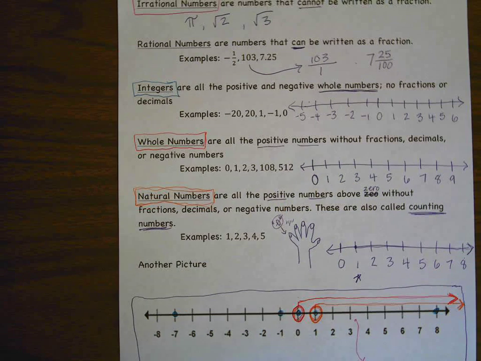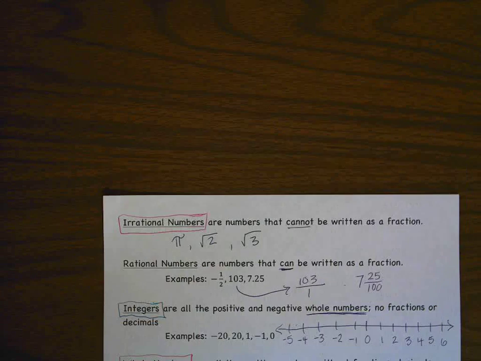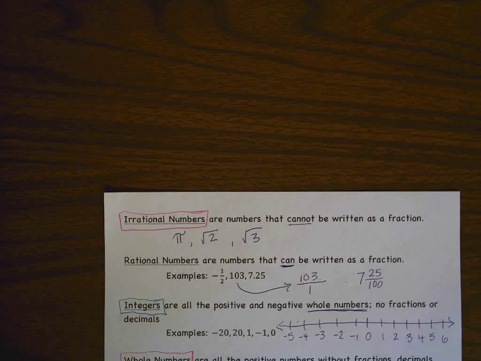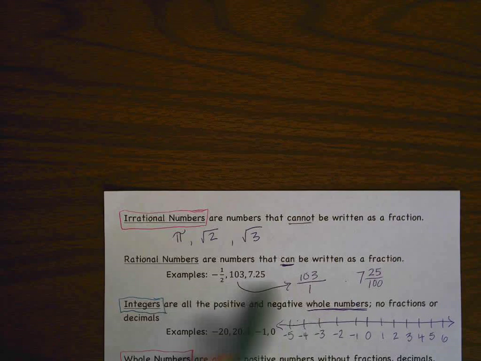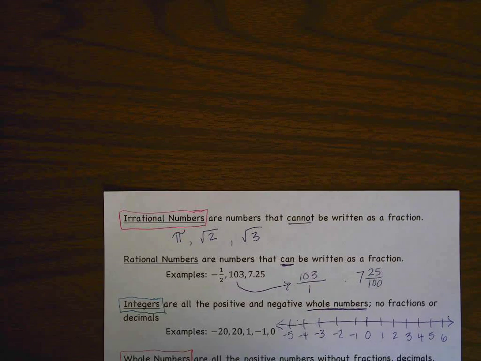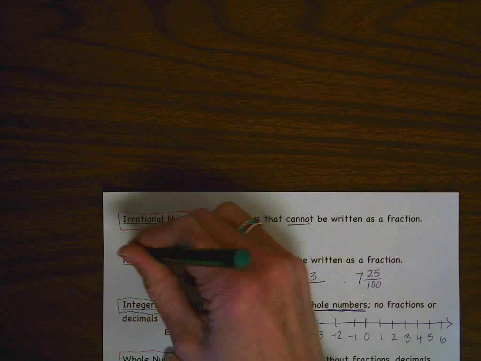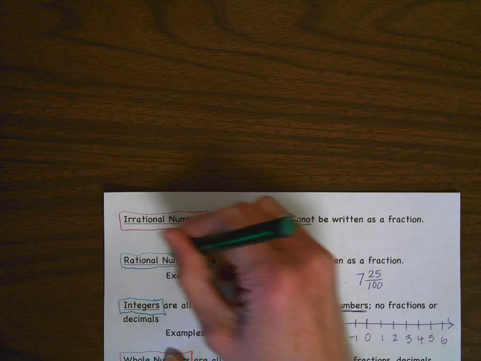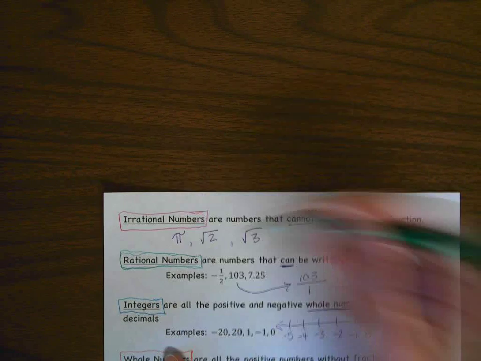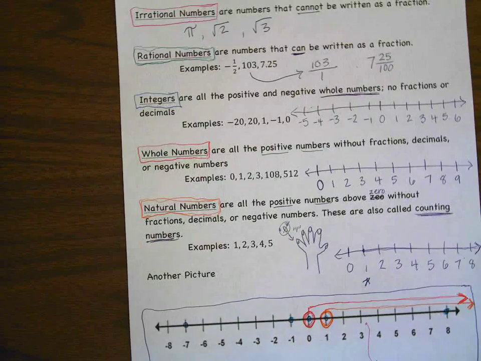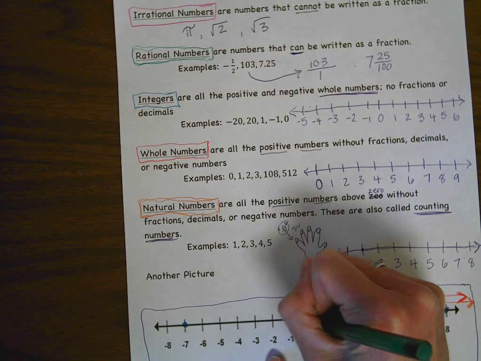Okay? Now, the last thing that I wanted to do is let's go back to rational numbers again. Rational numbers are all the numbers that can be written as a fraction. And so I would like to put these on our number line so that you remember what rational numbers are. And I'm going to do it in green. So rational numbers are in green, and I'm going to plot that.